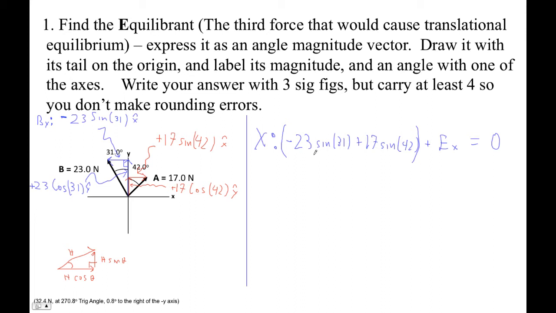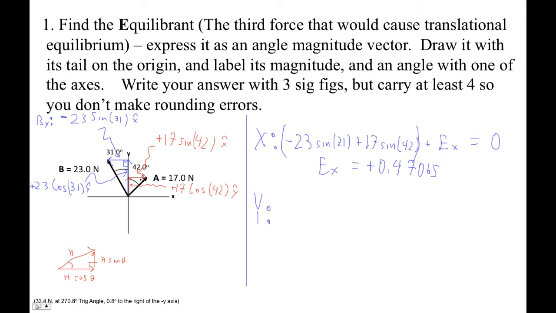All right. And that's just not very much, okay? E in the x direction ends up being something like positive 0.4765. I'm going to store that in x just for fun. Oh, there it is. Okay, and now let's set up our y expression.